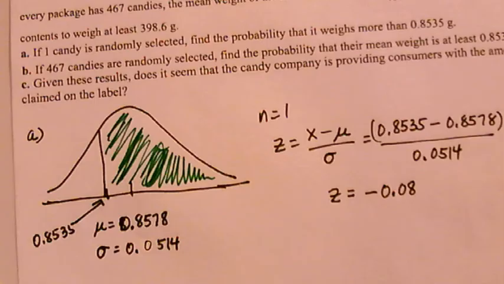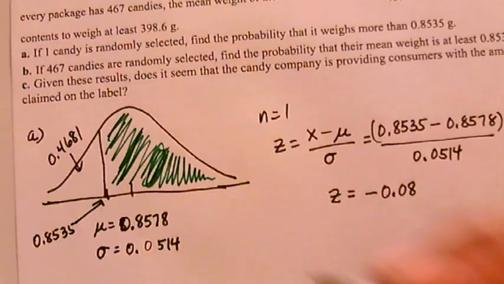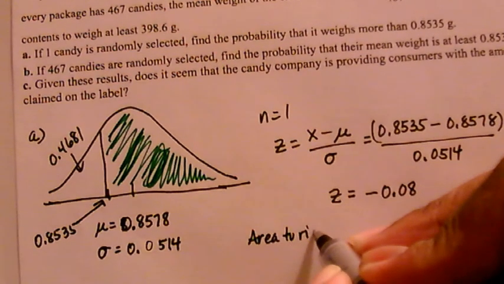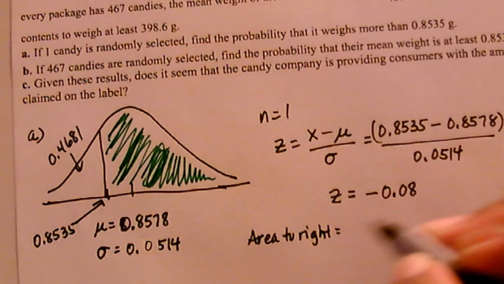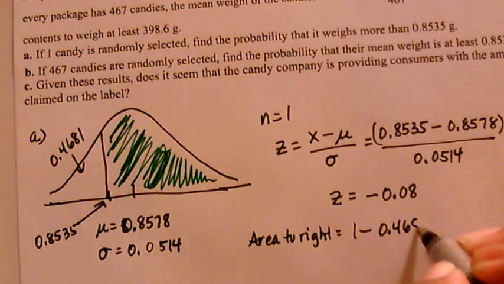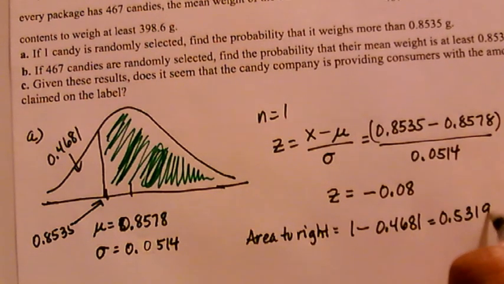But that 0.4681 is this area to the left. We want the area to the right. So the area to the right is 1 minus 0.4681, which will be 0.5319.